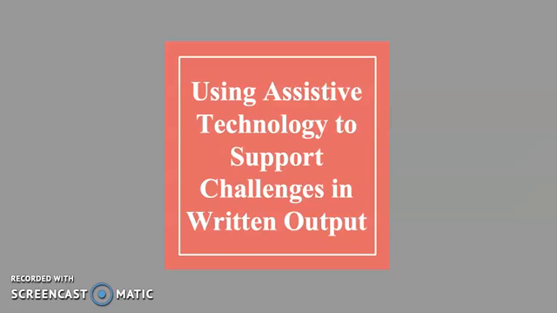Now, at the far end of the spectrum is high-tech assistive technology, and this is the bigger buck, more complicated, bigger learning curve type of materials. So this would be many of the augmentative communication systems, or some people call those talkers, and we've talked about those before.